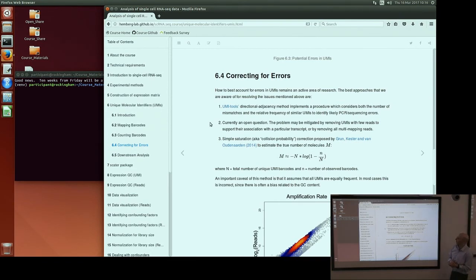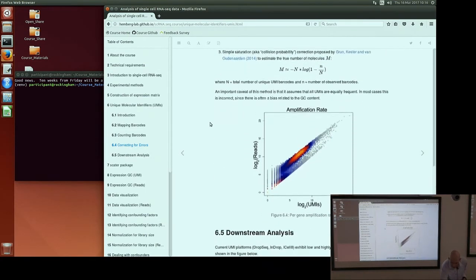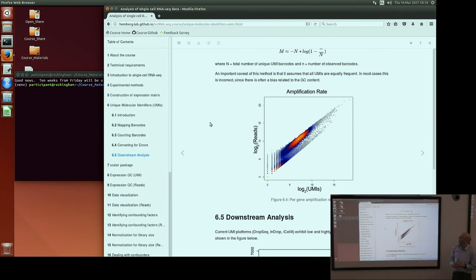So we're going to be looking at some data here from an experiment. Each dot in this plot corresponds to a gene, and plotted here on the x-axis is the number of UMIs, and here's the number of reads. What we're hoping for here really is this kind of linear relationship that we're seeing here.